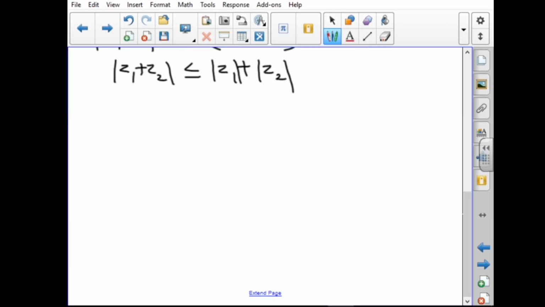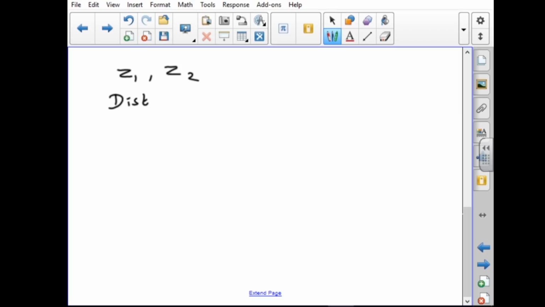Now coming to the distance between two complex numbers. If z1 and z2 are two complex numbers, then the distance between these two complex numbers is nothing but modulus of z1 minus z2.